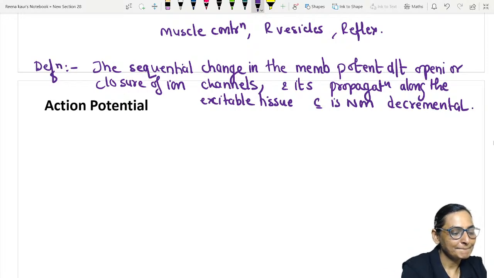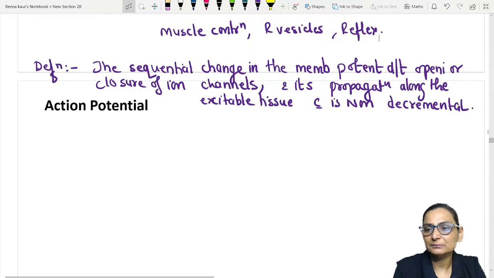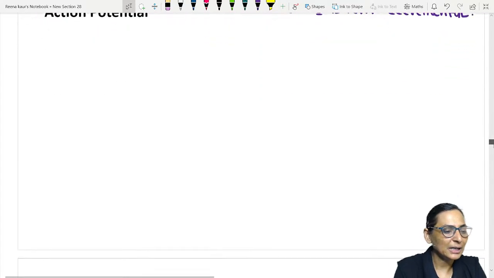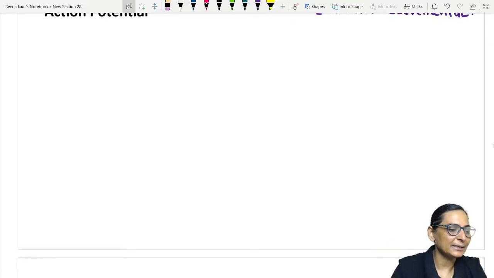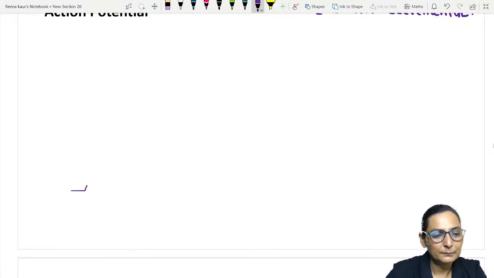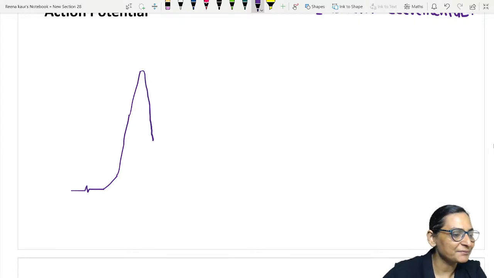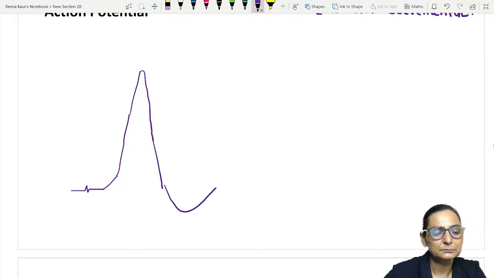So I'll draw first and then we will understand the phases. Once we understand the phases, then we will understand the ionic bases. Okay, so every phase has got importance, and the potential at which that phase is occurring is also very, very important. Right?